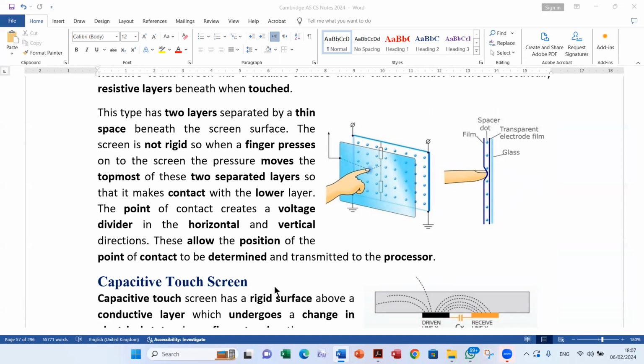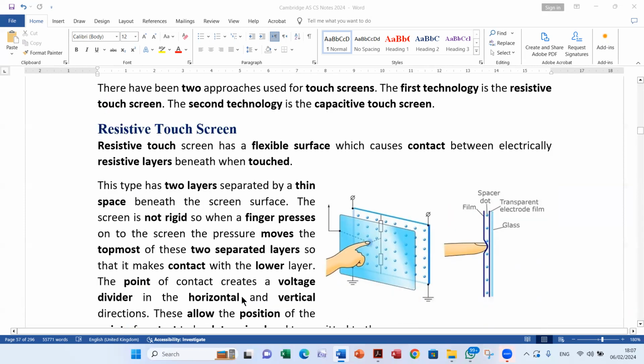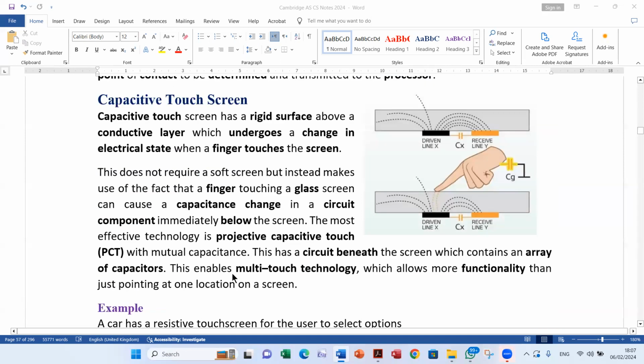The point of contact creates a voltage divider in the horizontal and vertical directions. This allows the position of the point of contact to be determined and transmitted to the processor. This is how the resistive touch screen works.